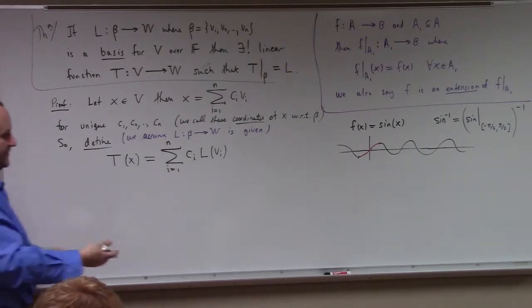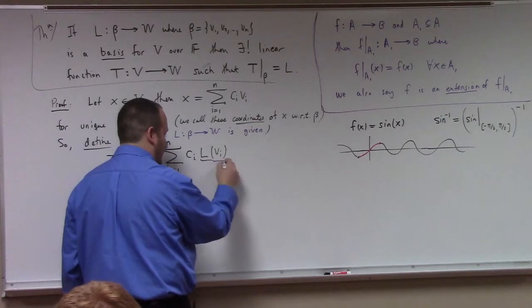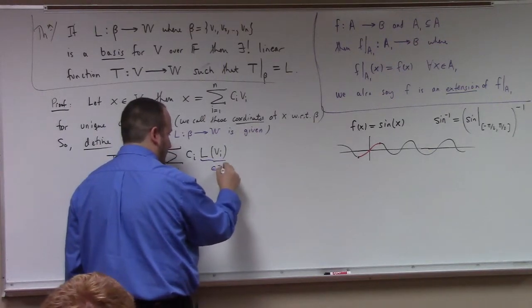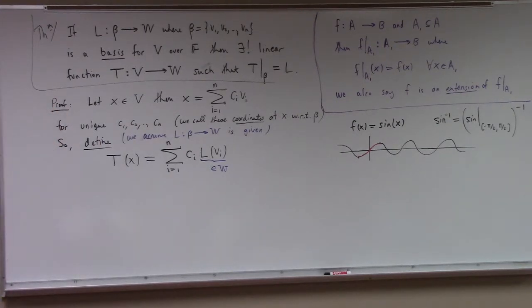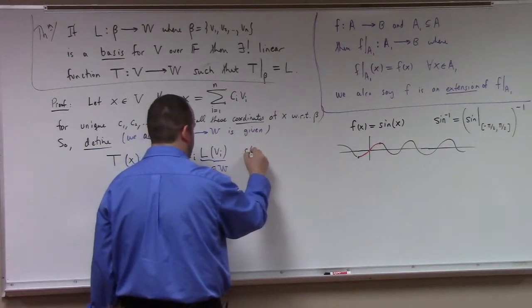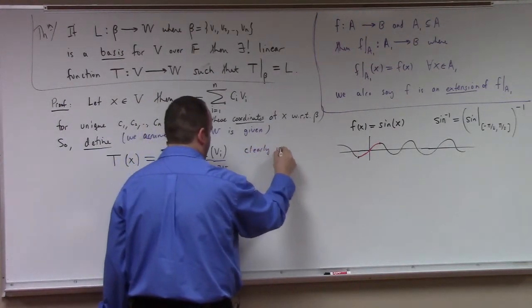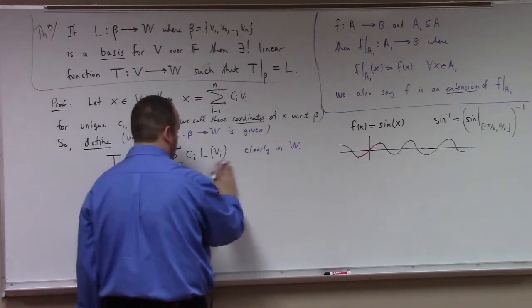So we know the values of the function on the basis. This is an element of W, right? We're taking a linear combination of things in W, which is again where? So this is clearly in W. So that's point number 1.